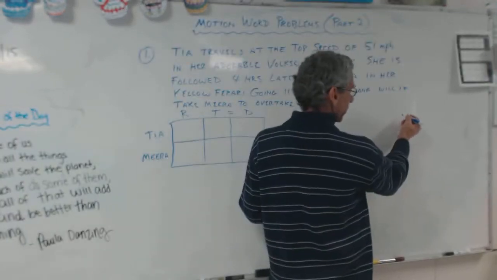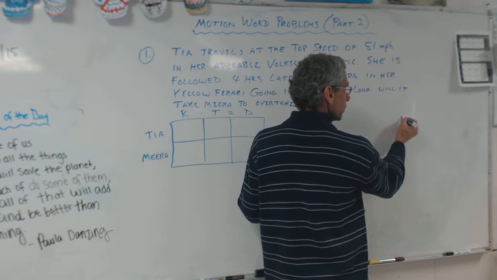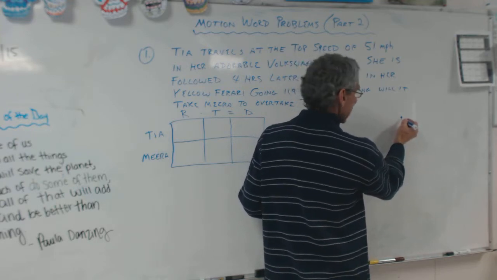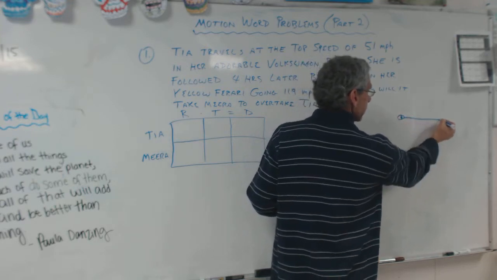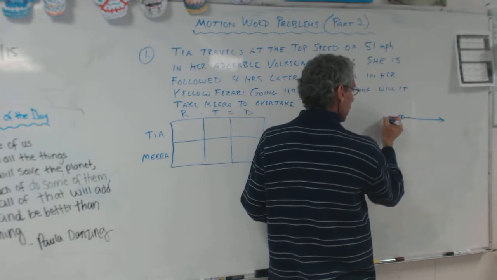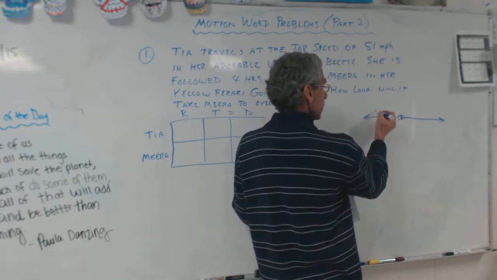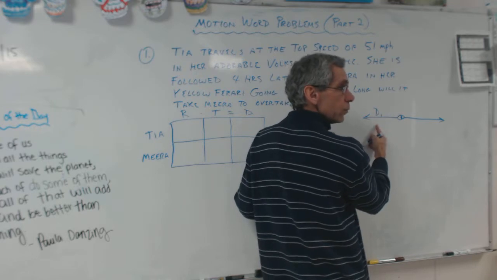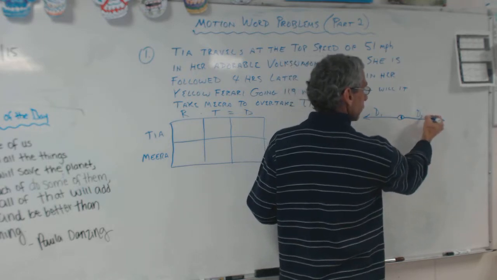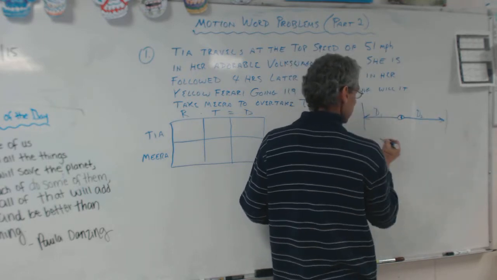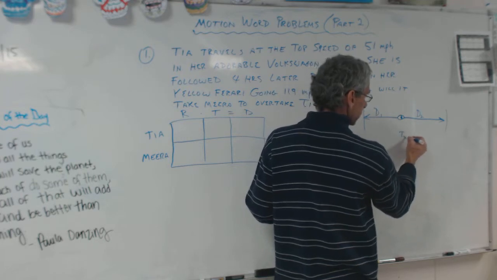Before, our scenario was, usually they were at the same place, right? They were right there, and they started at the same time, and they went in opposite directions. And this was the distance of one person, and this was the distance of the other person, and the total distance was the total distance, right?